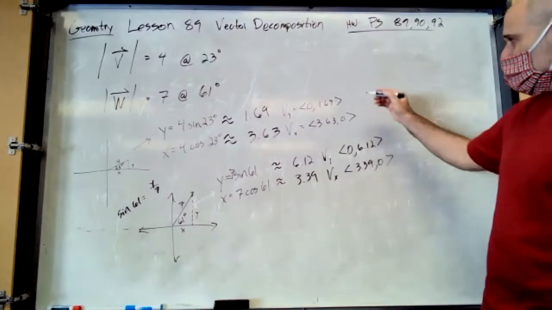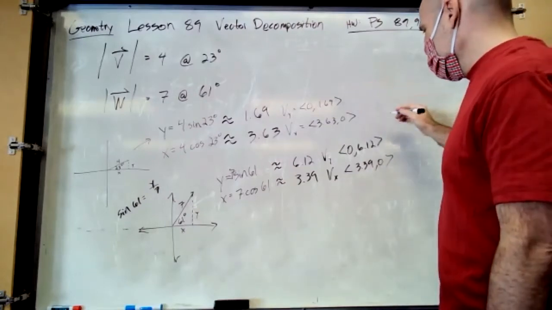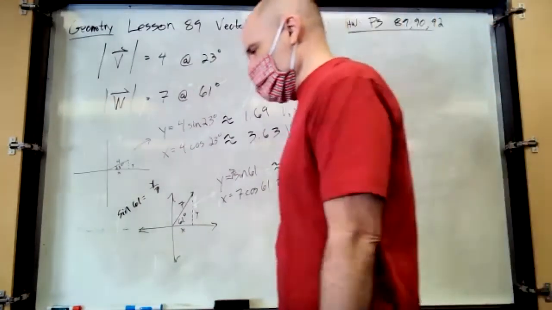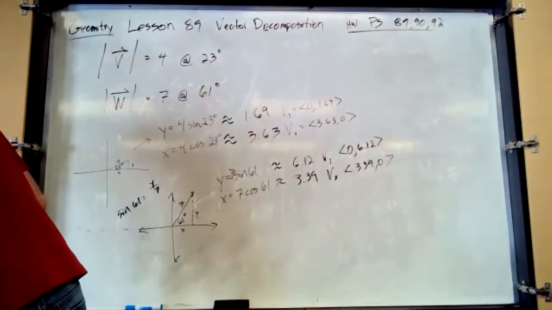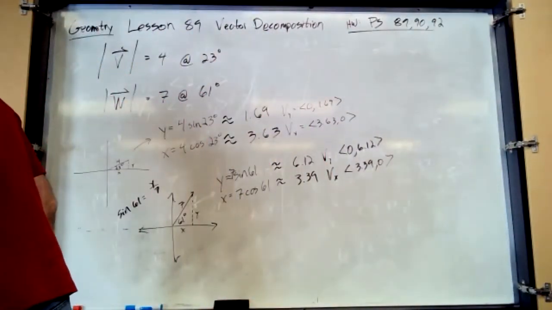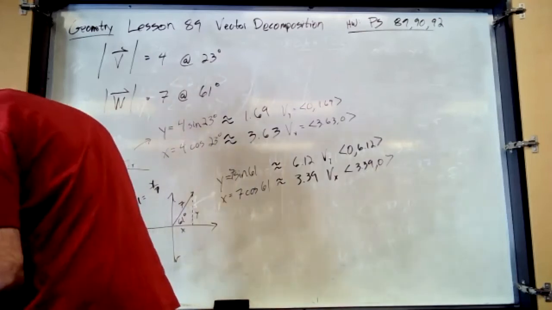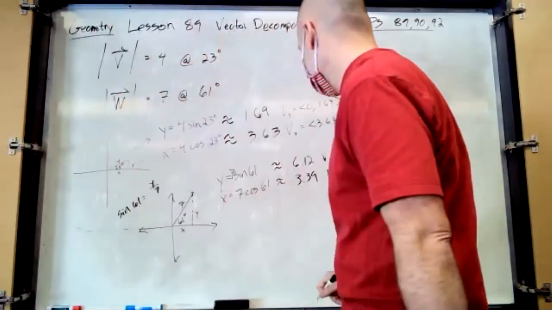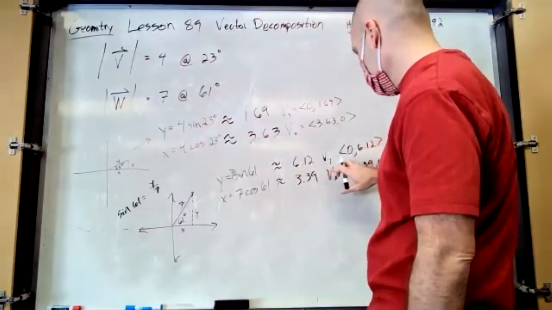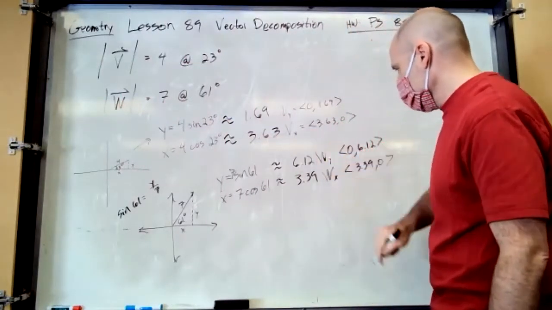So Vy plus this other Vy is going to give us a number. Actually, this is vector W, so I'm going to just do this. Does that make sense?